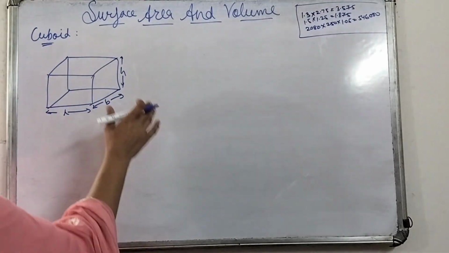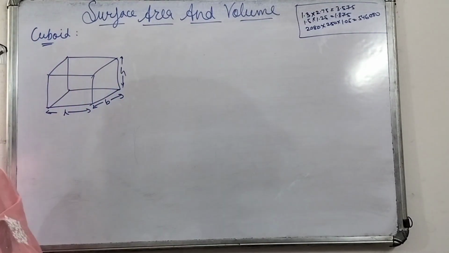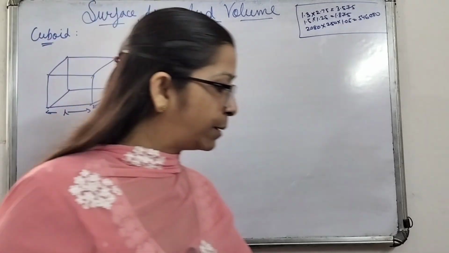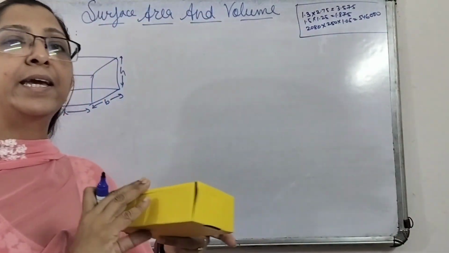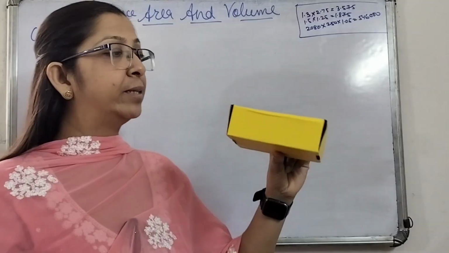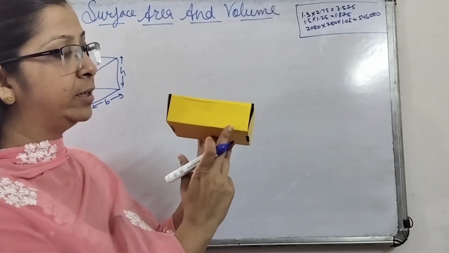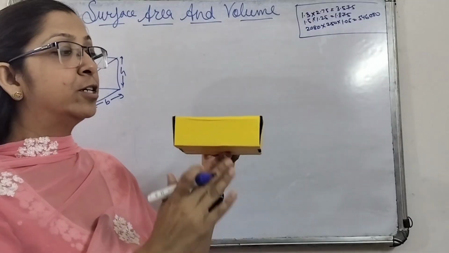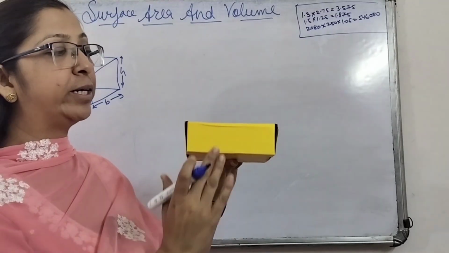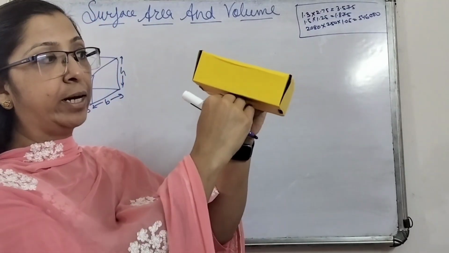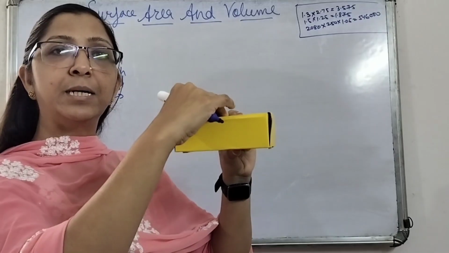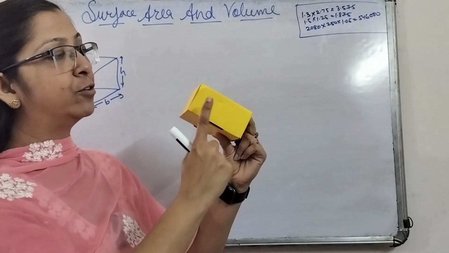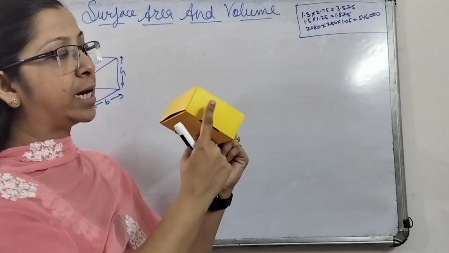Now, if we look at the cuboid, it has 6 faces. We can take an example, like this box is an example of a cuboid. This is the length of the cuboid, this is the width, and this is the height. So we can see over here that a cuboid has 6 faces. One, bottommost, second is uppermost, this third face, fourth face, fifth face, and sixth face.